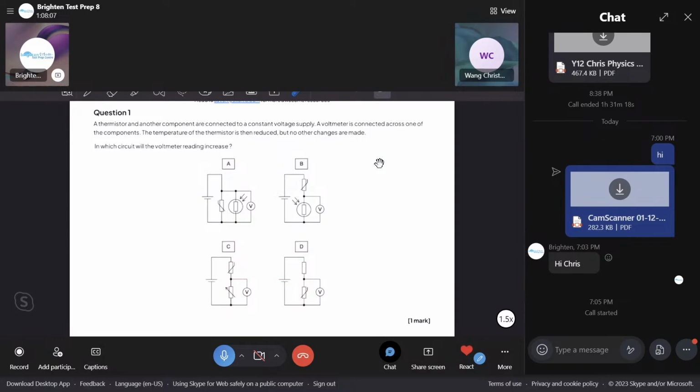Okay, now, in which circuit will the voltmeter reading increase? So obviously only in one. How would you argue? Or where do you start your argumentation? The temperature of the thermistor is reduced, so the resistance of the thermistor is increased.